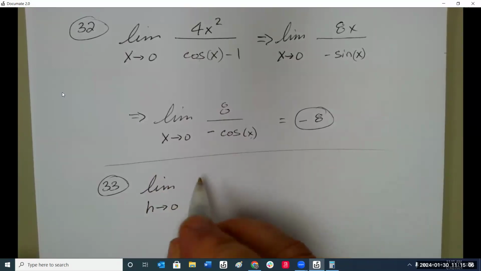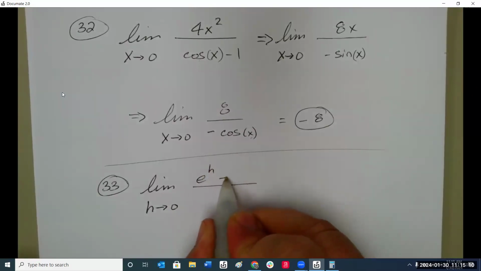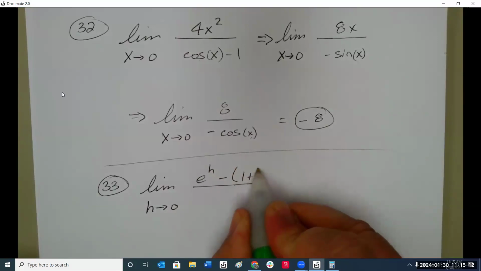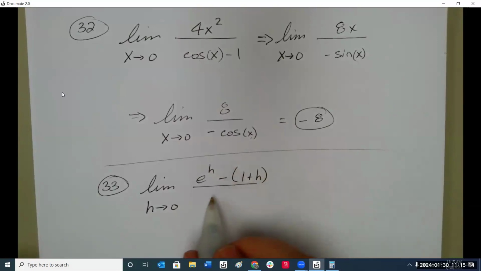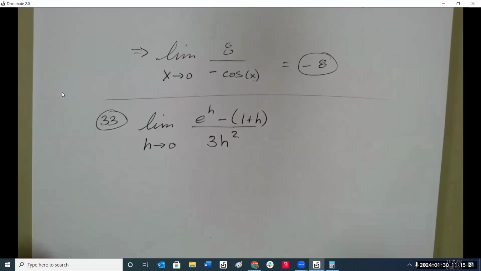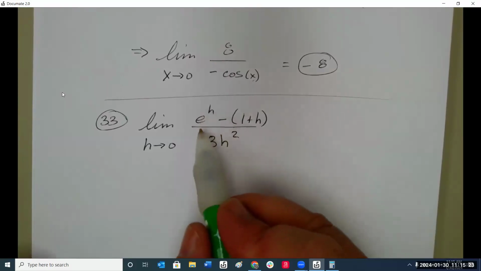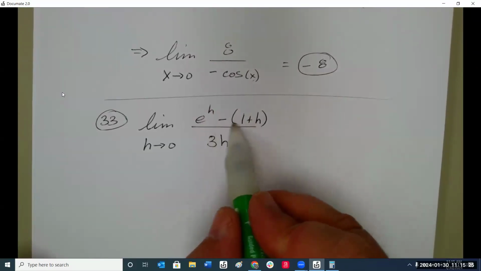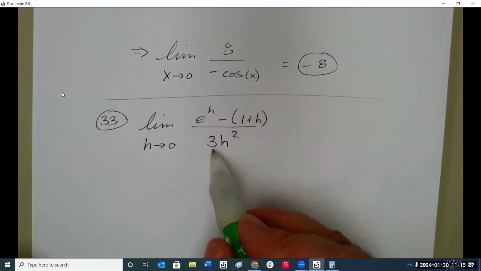h goes to 0, e to the power h minus 1 plus h. e to the 0 is 1, minus 1 is 0, and the rest goes to 0.